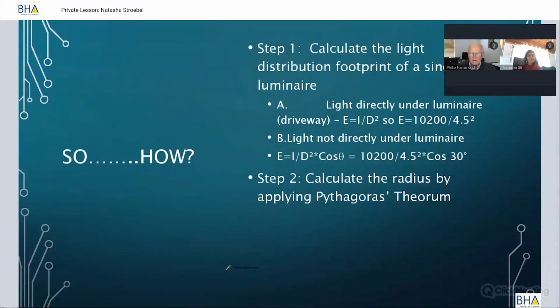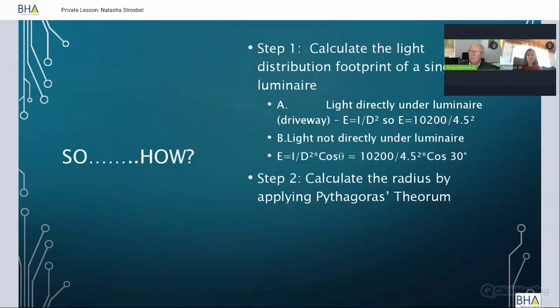So how do you go about it? You need to calculate what is the footprint of a single luminaire. How do you do that? Calculate the amount of light directly under the center of the luminaire. Boom. What do you do? Inverse square law. E equals intensity divided by distance squared.